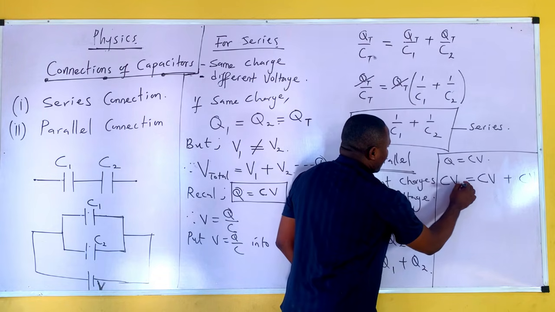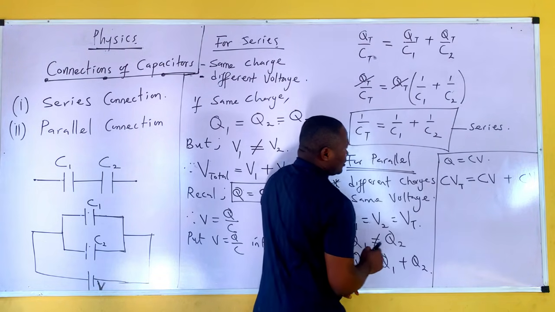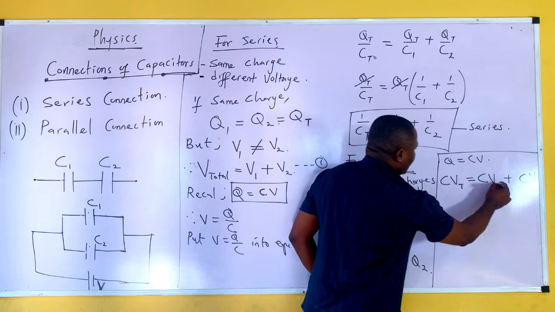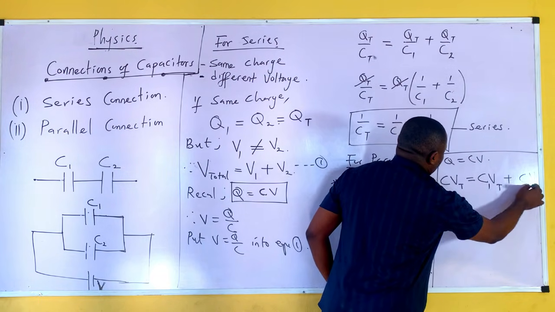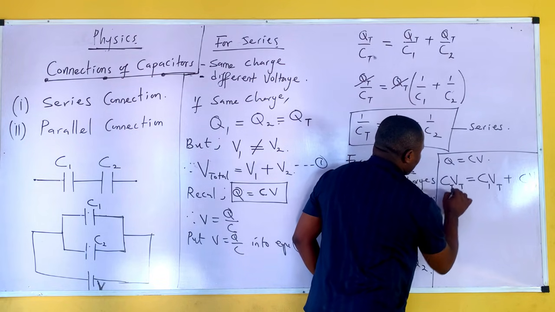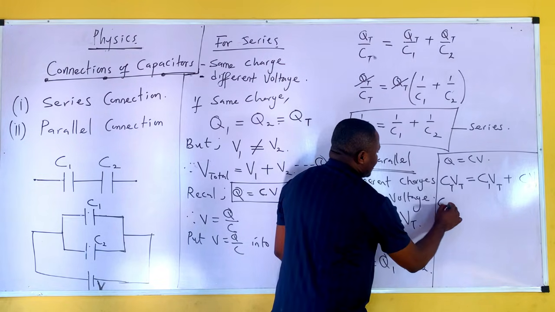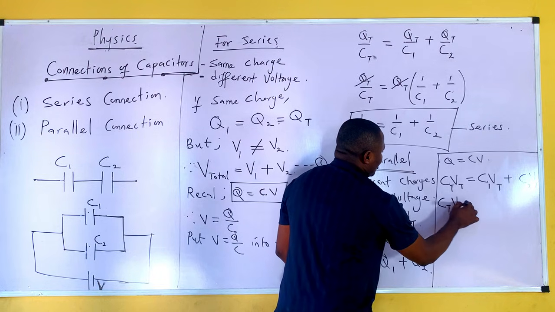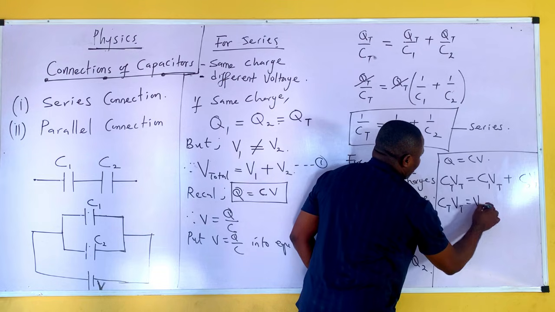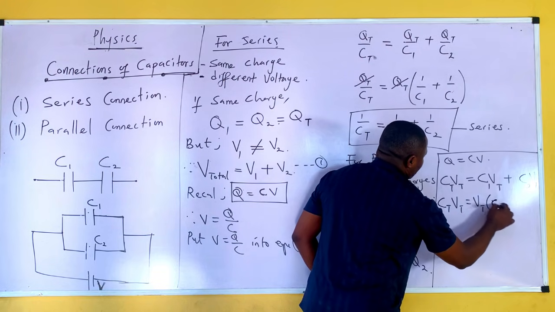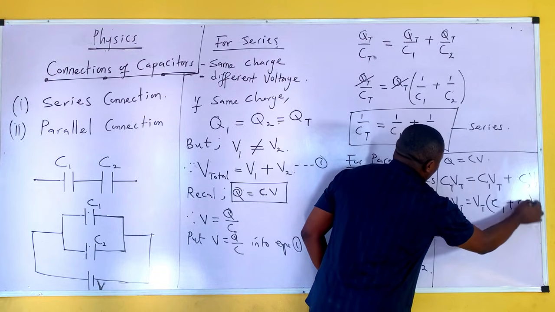So this will not be my voltage total. This again is the same thing. This is 1, this is 2, so this is not my C total. So now I have C total times voltage total is equal to, what is common here? Voltage total, open bracket, C1 plus C2.